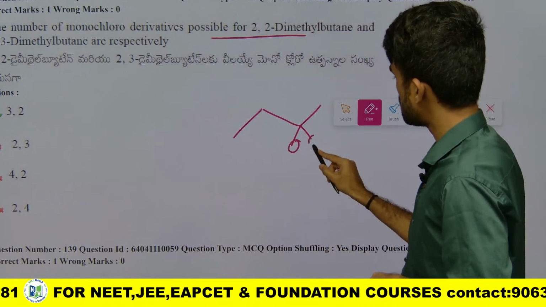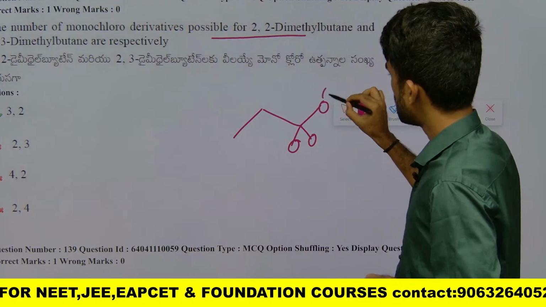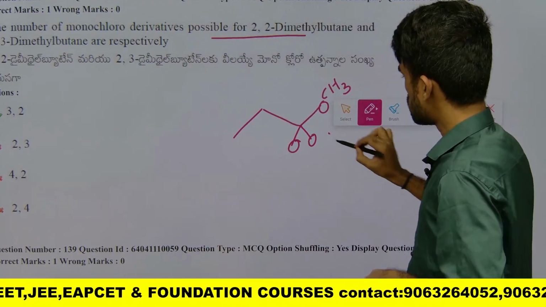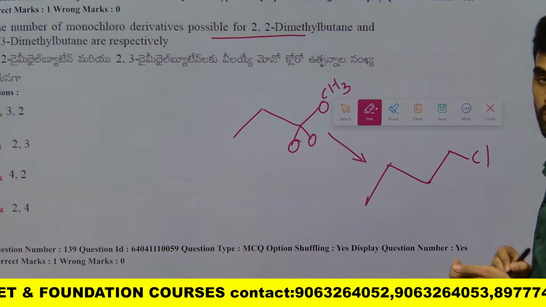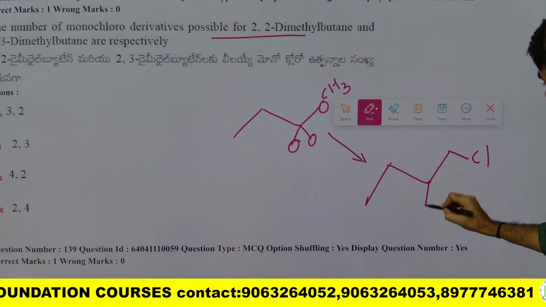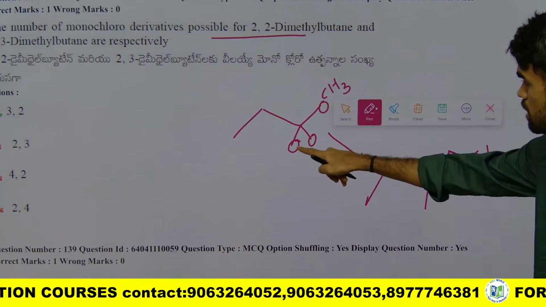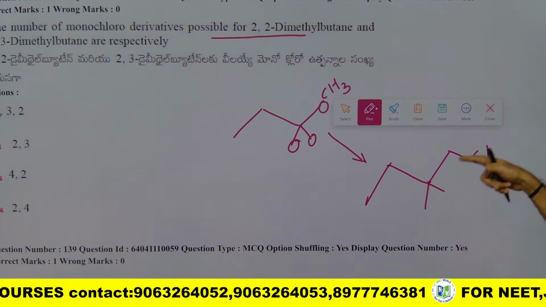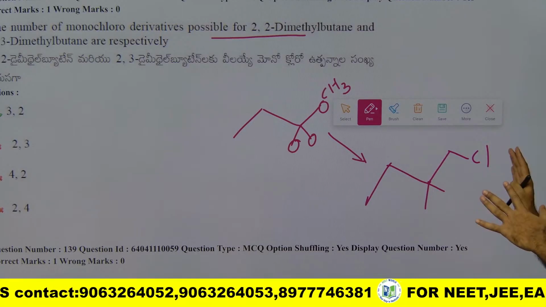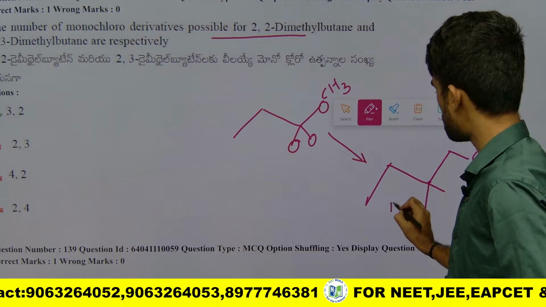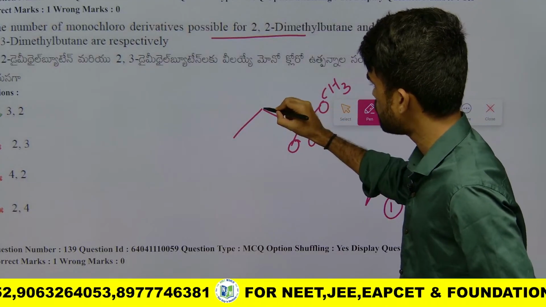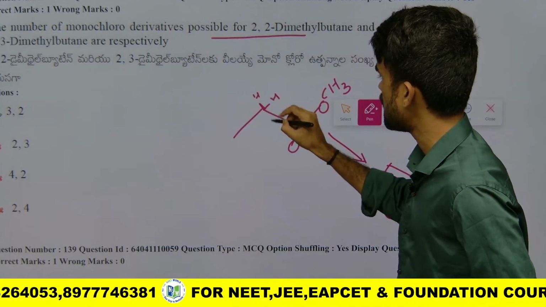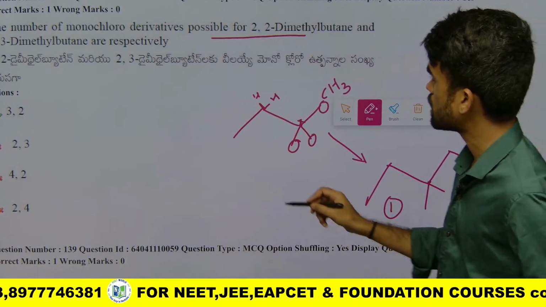This methyl group contains the same hydrogens, so by replacing any of these hydrogens, we get this kind of product. Whether I replace from here or here or here, it gives this single type of product only. So this is one type of product. Now, is there any hydrogen here? No hydrogens. Here we have 2 hydrogens.